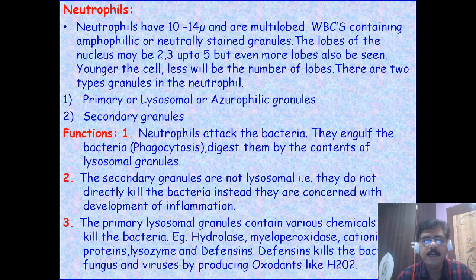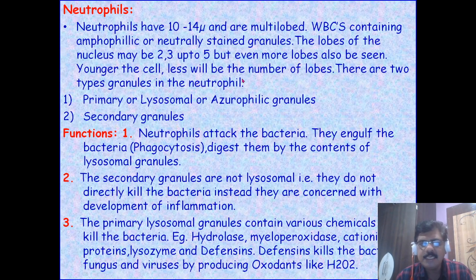Then the third component is the neutrophil. The size of the neutrophil is 10 to 14 micron, and it has a multilobed nucleus. The cytoplasm contains amphophilic or neutrally stained granules. The lobes of the nucleus are 2, 3 up to 5, or even more lobes are also seen.